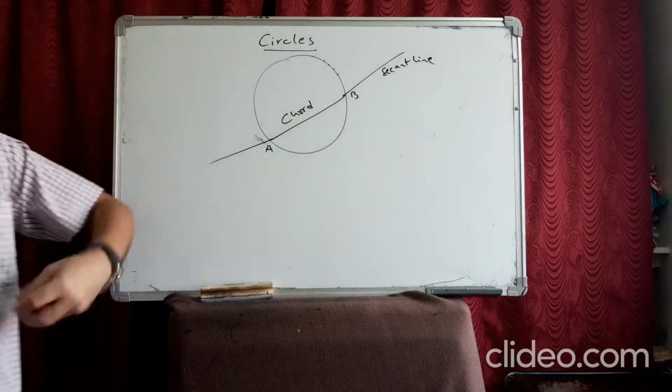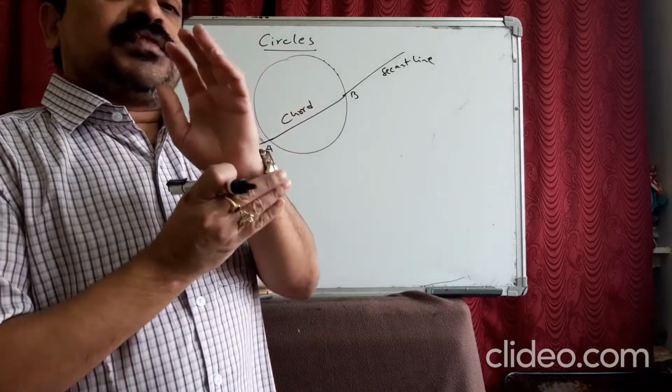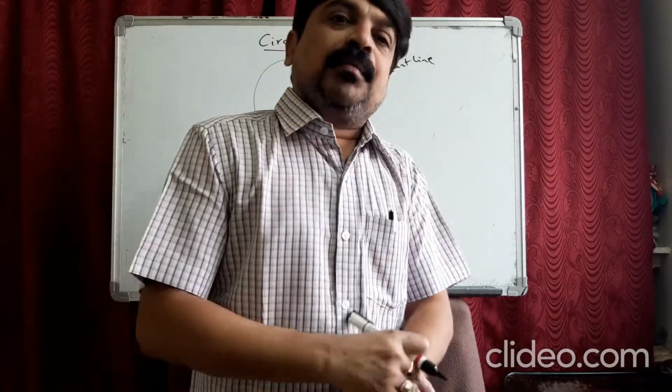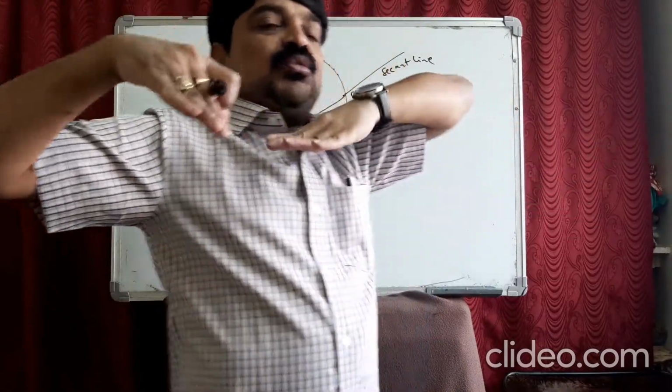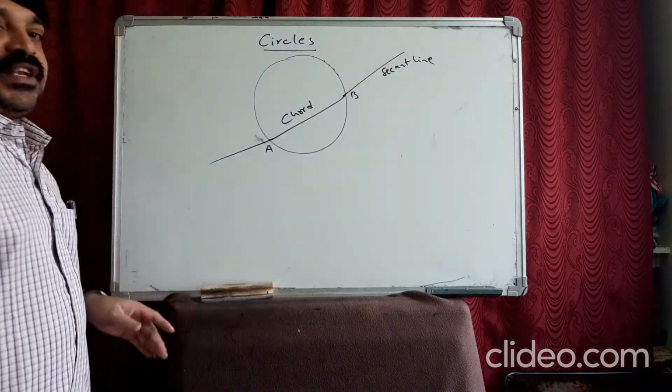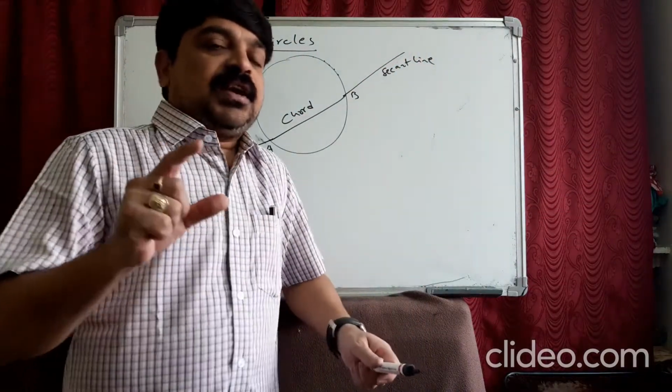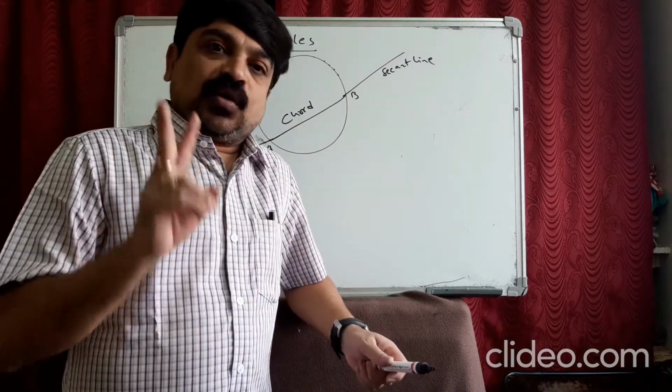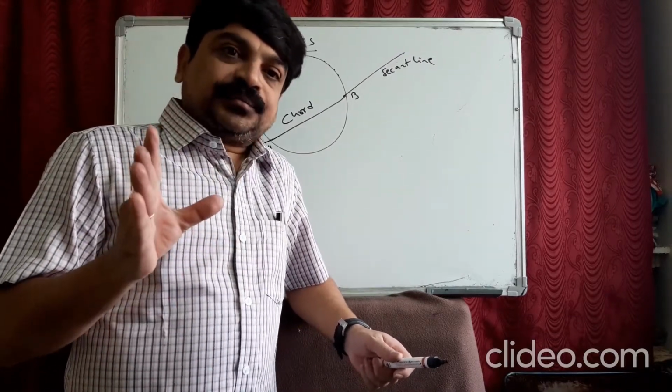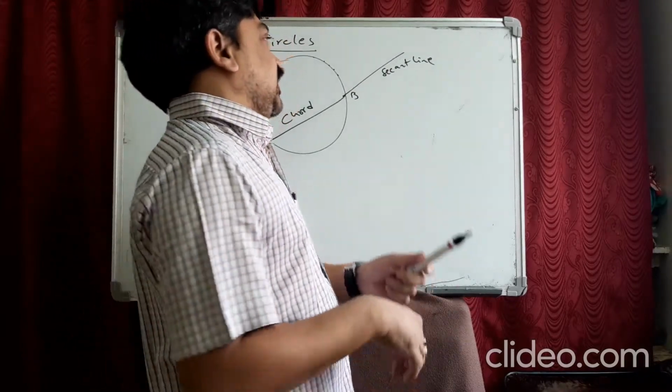That means the line segment joining any two points of a circle is called a chord of a circle. But the line passing through any two points of a circle is a secant of a circle. I repeat, the line segment joining any two points of a circle is called a chord, and the line passing through any two points of a circle is called a secant.